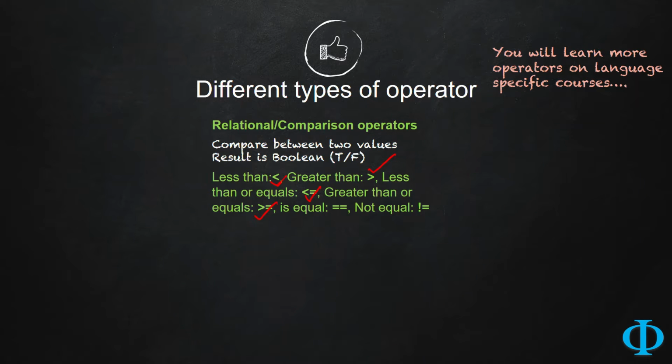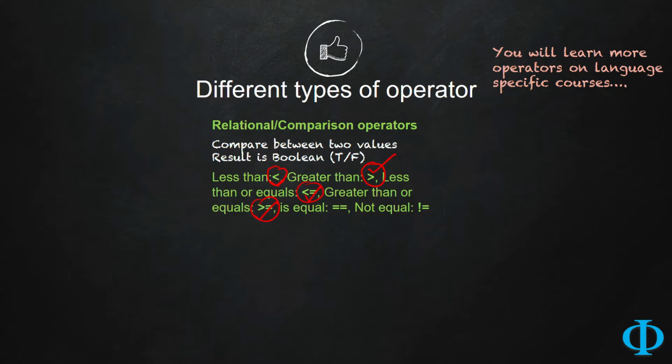They basically check the value of the left hand side operand and the value of the right hand side operand, and compare whether the usual meaning of these operators holds between them or not.